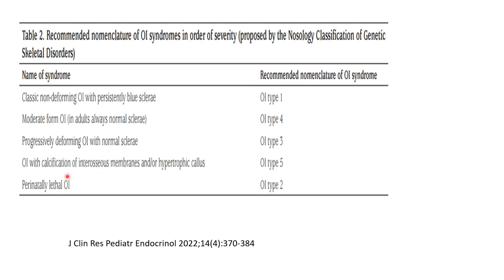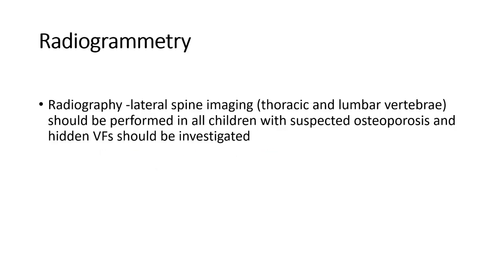In OI type 5 there is osteogenesis imperfecta with calcification of the interosseous membranes and or hypertrophic callus. We should always remember that OI type 2 is a perinatally lethal OI. So it is very important to remember that blue sclera is predominantly seen in OI type 1 only, whereas perinatally lethal is OI type 2, and the progressively deforming OI is OI type 3.